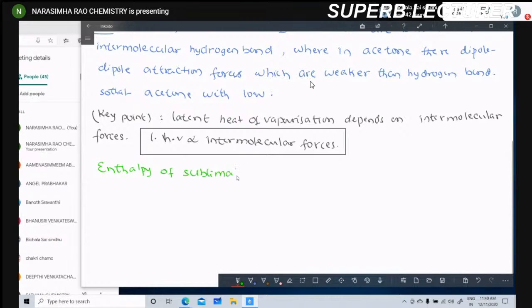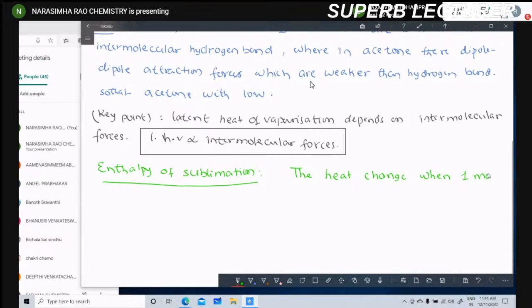The change in heat enthalpy when 1 mole of a solid is directly converted into gaseous state, at temperature below its melting point. Yes, very good. It's correct. Very good answer. The heat change when 1 mole of solid substance directly changes to its gaseous state.